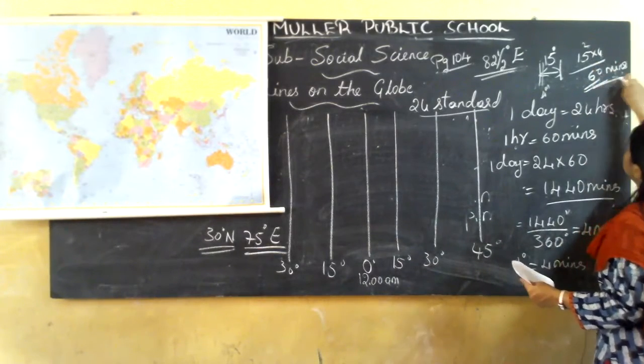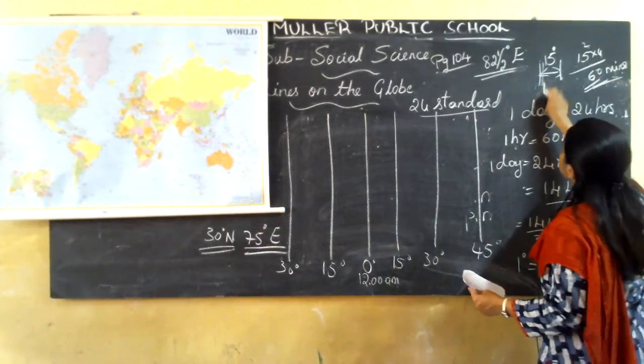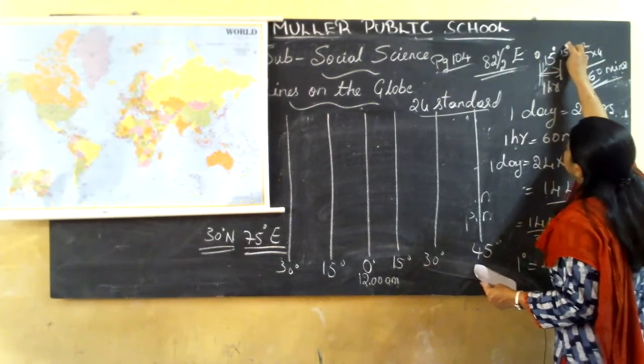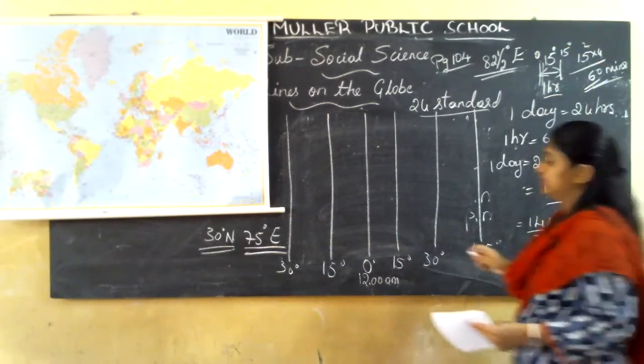So 60 minutes is equal to 1 hour. So from 0 degree to 15 degree, there is 1 hour difference.